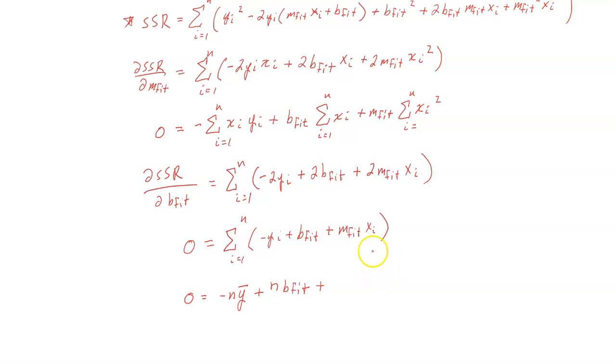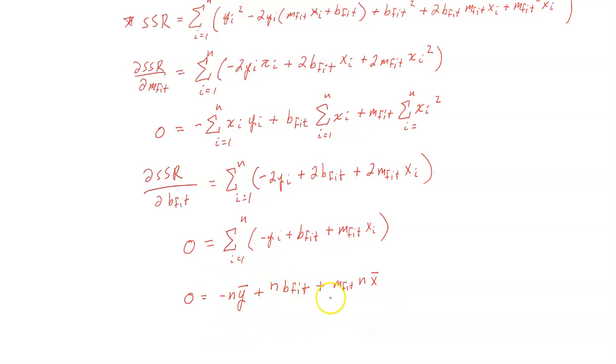And then for our m fit, we were summing i equals 1 to n of xi. So we'll remember that's the same as just what we just did with this yi. We should get n times the average. So here we're going to get m fit times n times x bar.